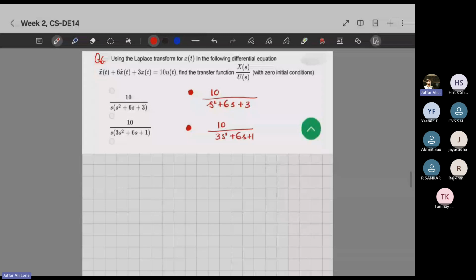But in this question, we are directly given a differential equation, and we are asked to find X(s) over U(s). Please try, everyone. It's very simple.